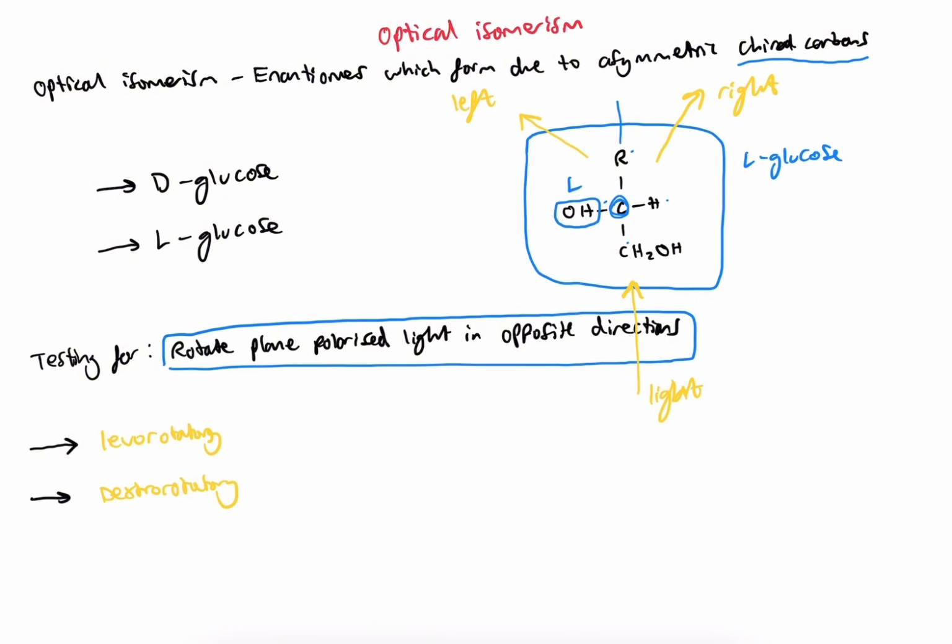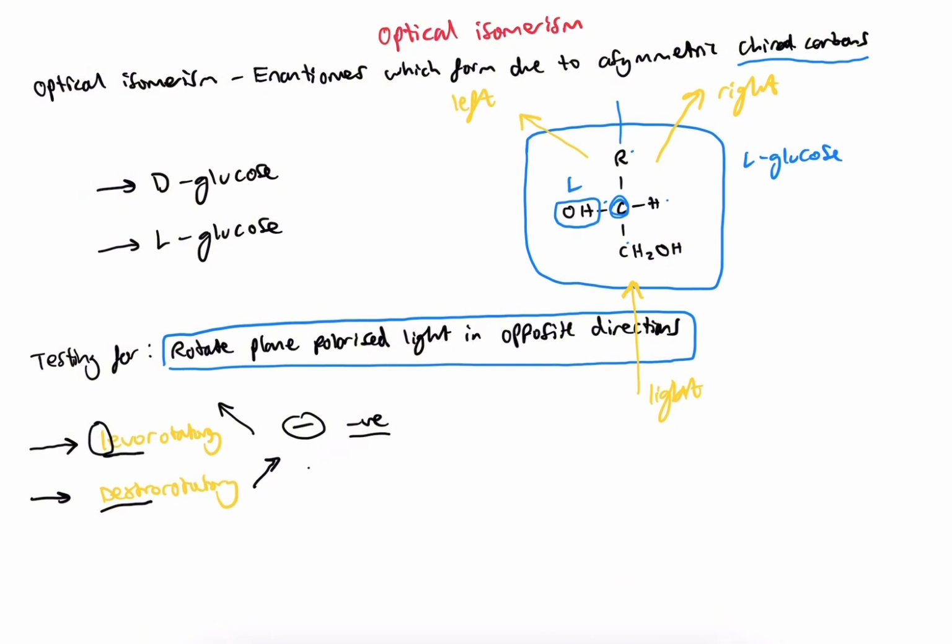Now, the way I like to remember this is, levo, the L here is for left, remember, light going to the left, and then the other one, dextro, just means it's going to the right. And if we have levorotatory in an optical isomer, we're going to give it a negative. And if you don't understand, this just means negative.